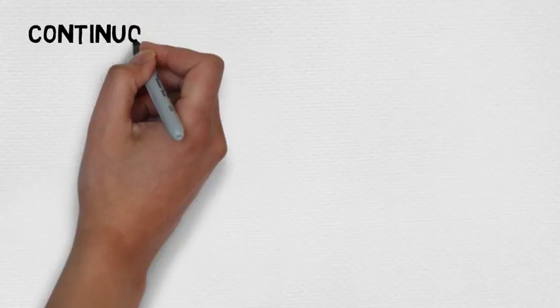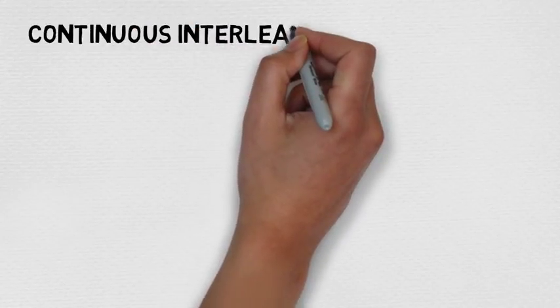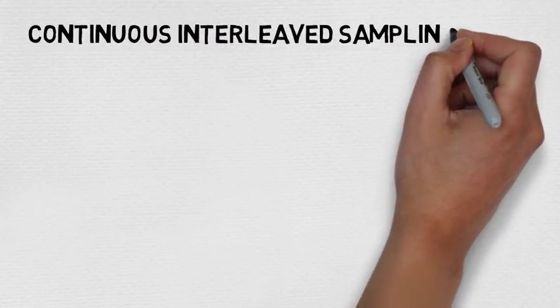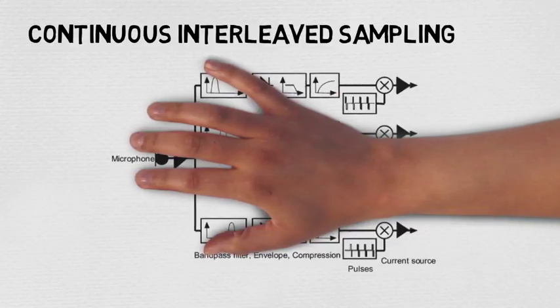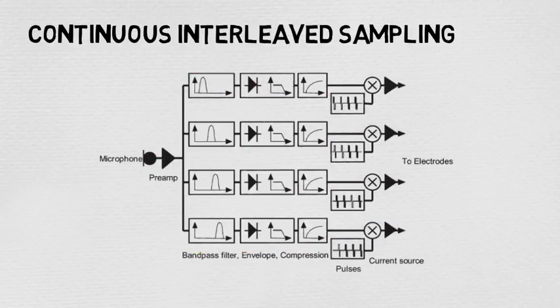Block diagram for the continuous interleaved sampling cochlear implant speech processor, which is similar to the compressed analog processors. The envelope is compressed to match the narrow dynamic range in electric stimulation, and the envelope from each subband is then amplitude modulated to a pulsatile carrier that interleaves with pulsatile carriers from other subbands.